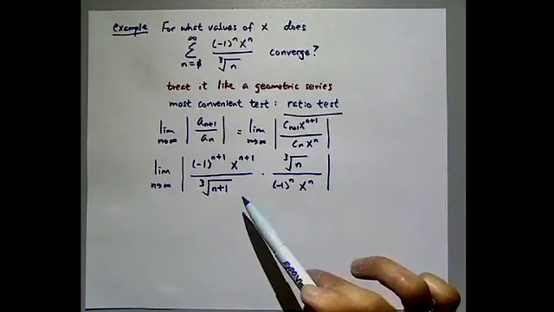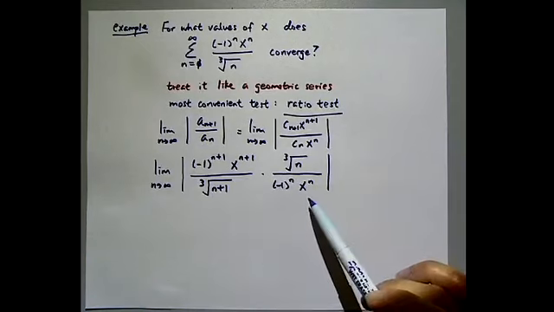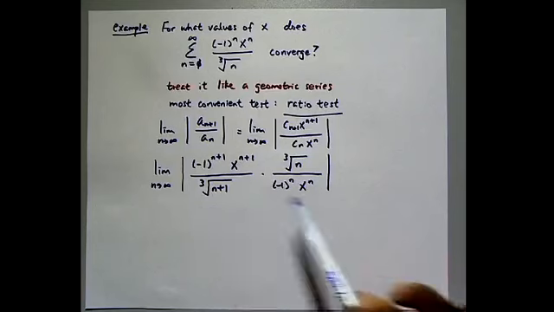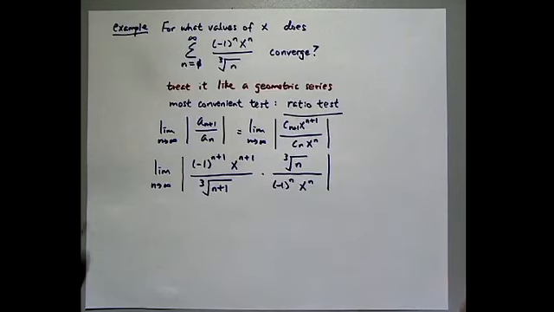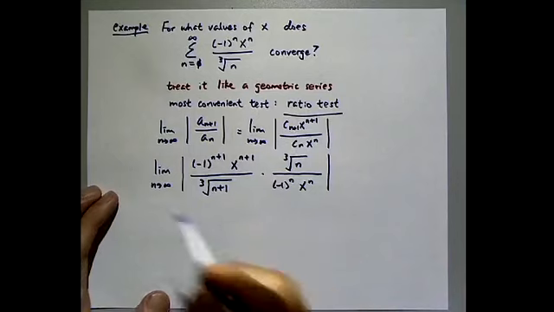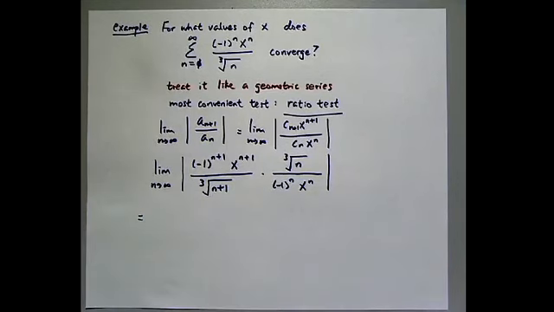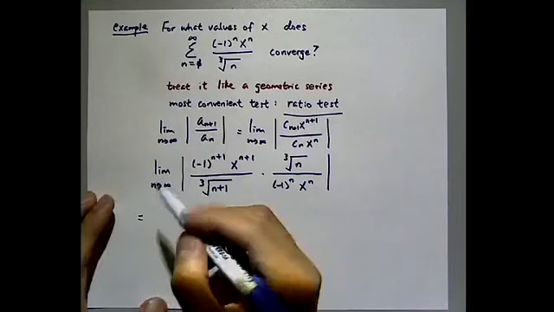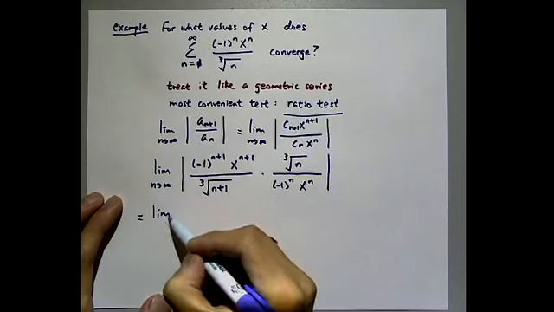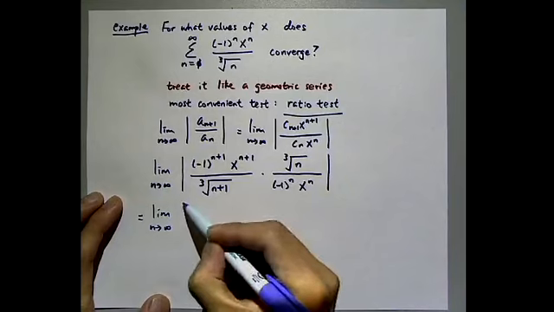Right, so there's my n plus 1 term, and here's my nth term. And just like before, you group things that look alike and then simplify.